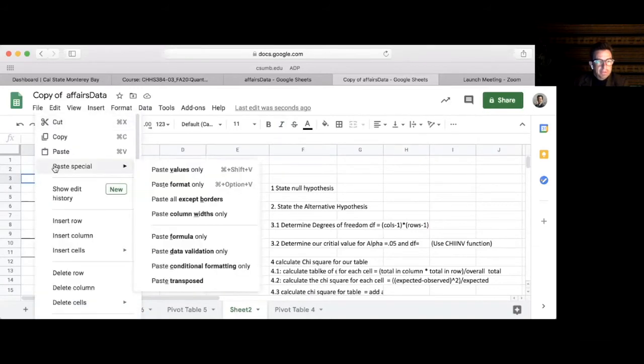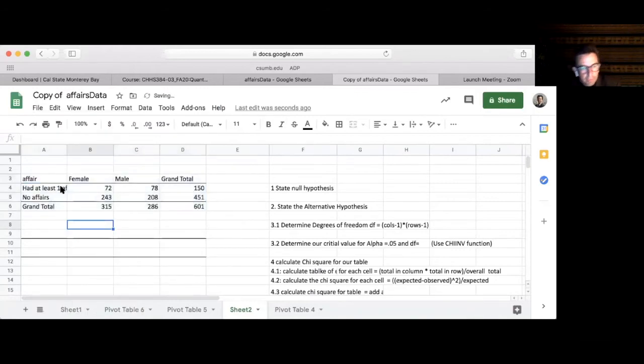And I'm going to paste special and put only the values. All right, these are my observed frequencies.